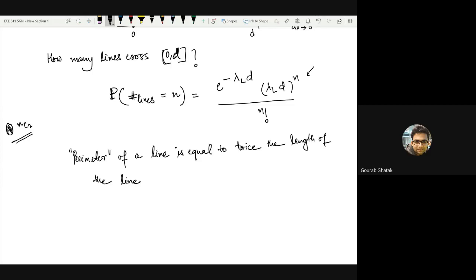So this is the proposition. You can prove it mathematically as well, but the simple thing would be to just do the simulation of Poisson line processes and find out whether it matches with e to the minus lambda L D and lambda L D, or with e to the minus 2 lambda L D and 2 lambda L D.